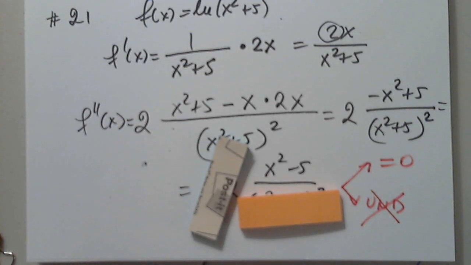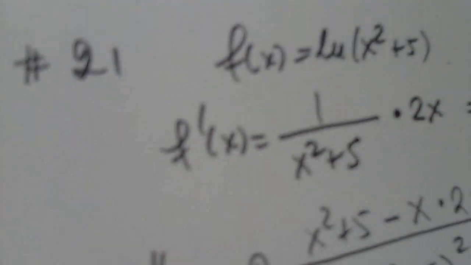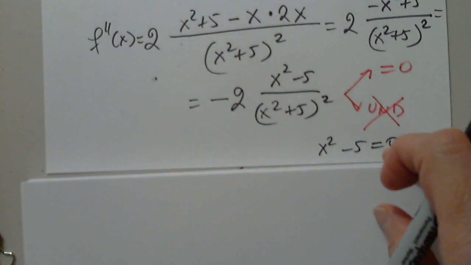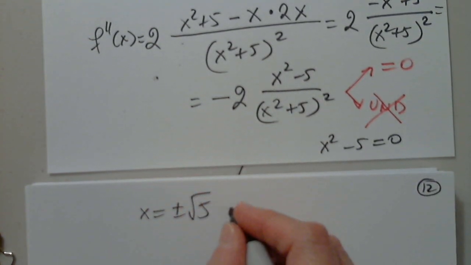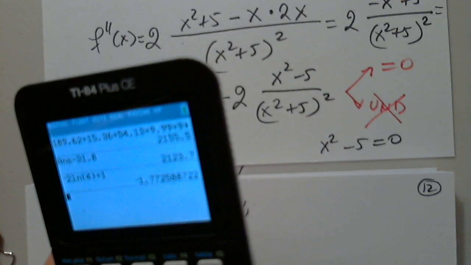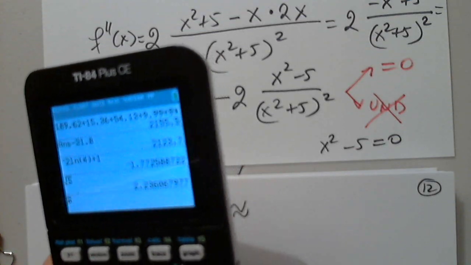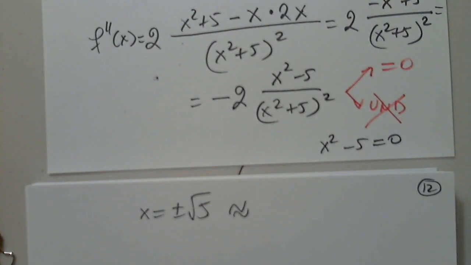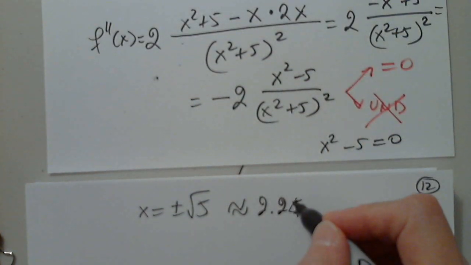And I know Amanda already told us like 3 times tonight, when x squared minus 5 is 0, or x equals plus or minus square root of 5, of course. So x equals plus or minus the square root of 5, which is approximately 2.24. I said 4 and I wrote 5.